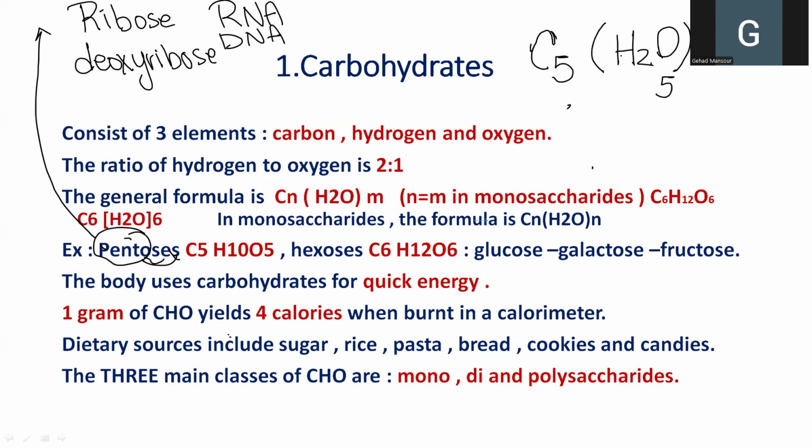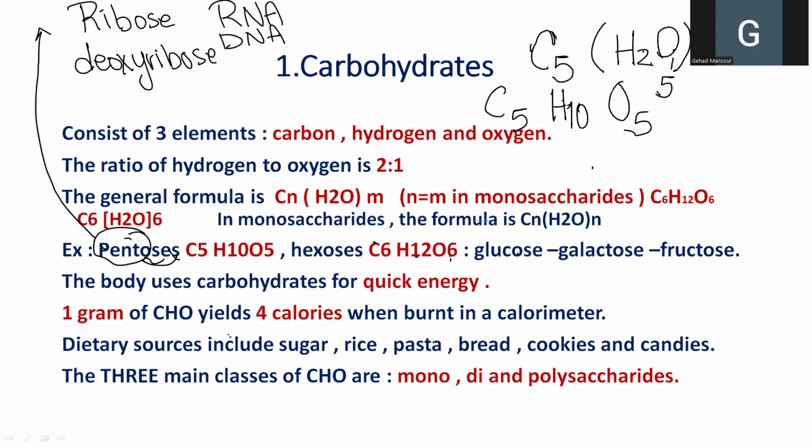If we open the brackets and extend the formula, we would have C5, 5 by 2 equals 10, so 10 hydrogen atoms, and 5 by 1 equals 5, so 5 oxygen atoms. So instead of having C6H12O6 as in glucose, galactose, and fructose, we would have C5H10O5.